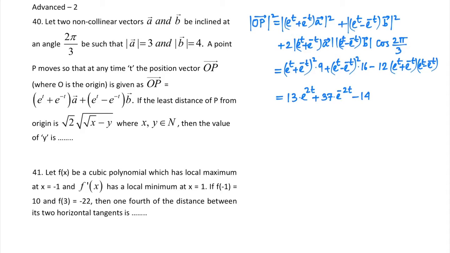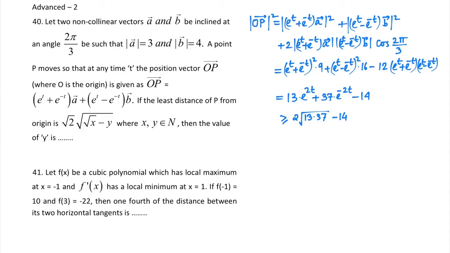This is after simplification. Now we know that by AM greater than or equal to GM, you can write this is greater than or equal to 2 into root over 13 into 37, that is for the first two terms, AM greater or equal to GM applied only for the first two terms, then minus 14 is separate.